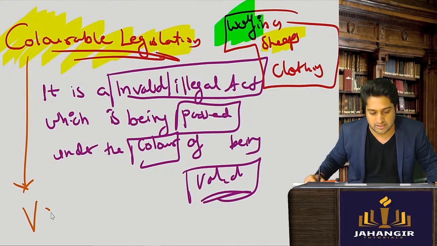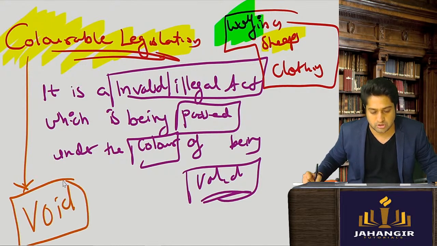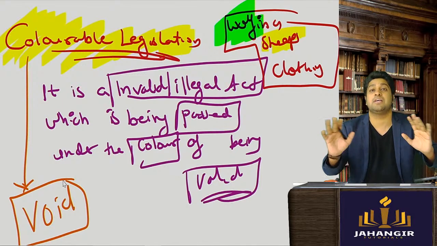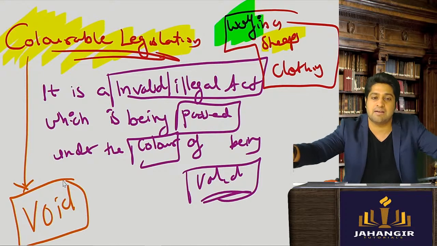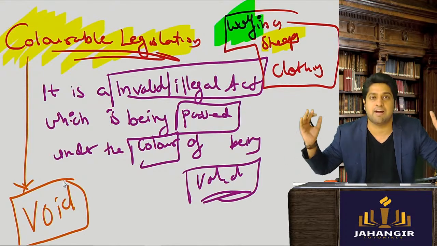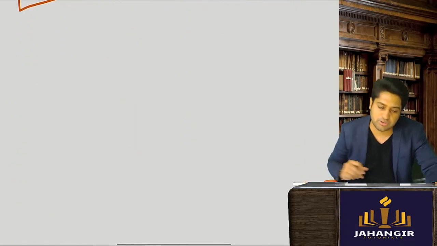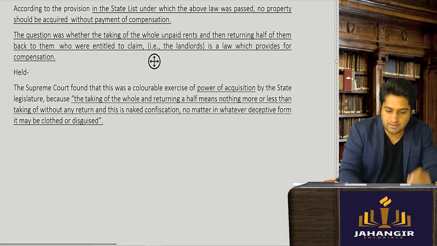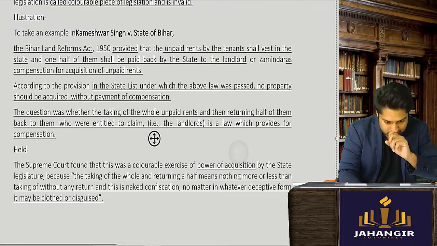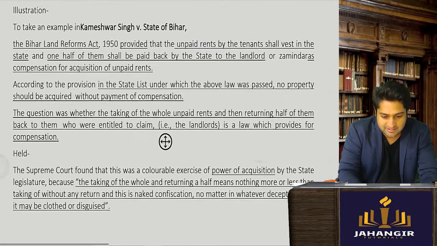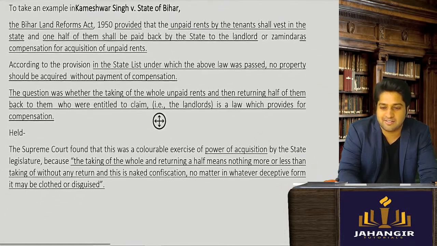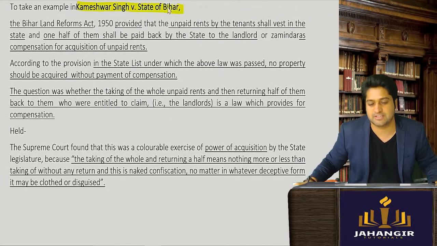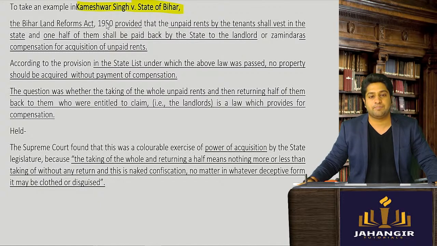The answer is no, it is void. So colorable legislation is something which is confusing and comes across as valid, but in reality it is invalid. Here also a beautiful example has been given in Kamleshwar Singh versus State of Bihar.